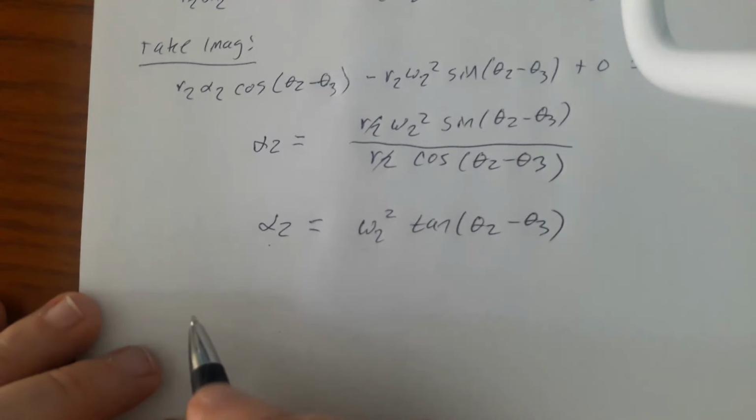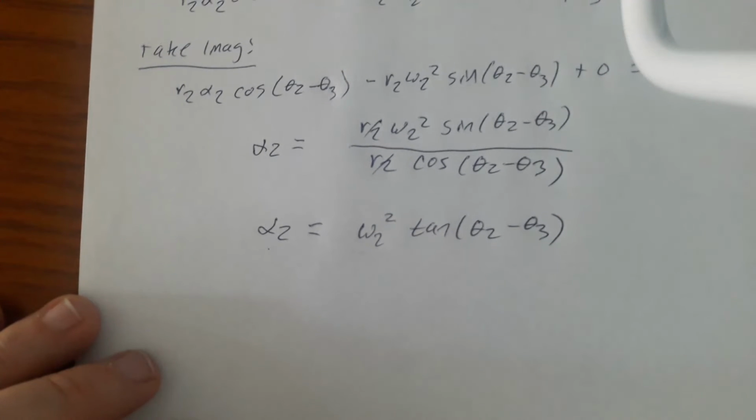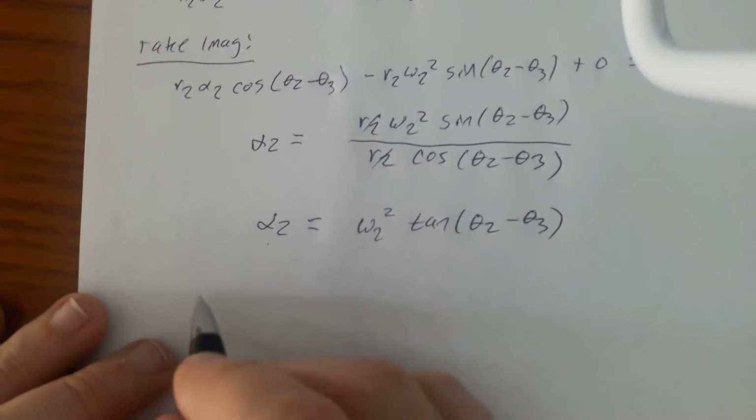All right, so we can then find what R3 double dot is equal to.